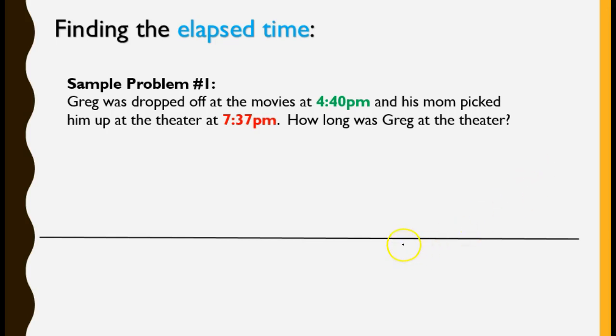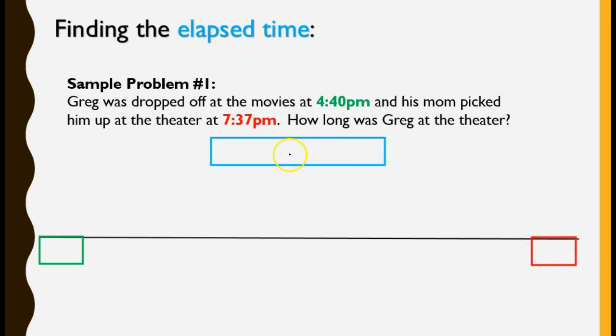So now you see here below that I have a timeline. And so what I would like you to start to get into the habit of doing is following a timeline. So you're going to create a timeline, create a starting box, an ending box, and then an elapsed time box.